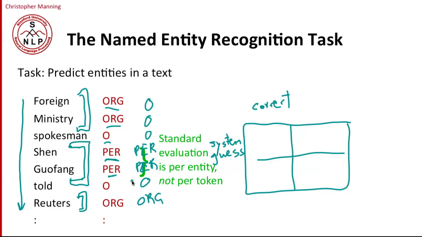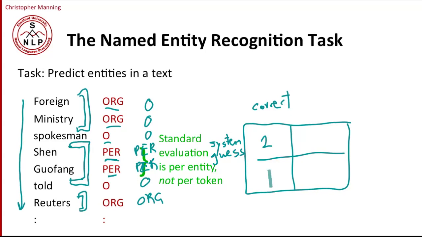So what we'll be doing is saying that there are 2 true positives and 1 false negative out of the 3 entities. And so the precision of our system here is 100%. Everything it says is right, and its recall is 2/3. Okay, so that looks okay.